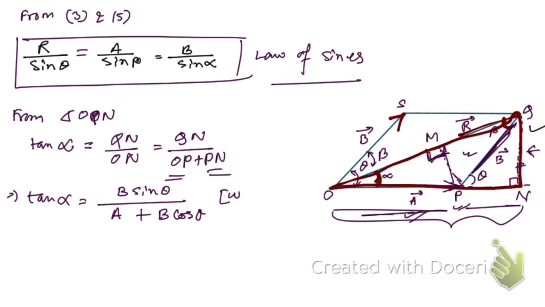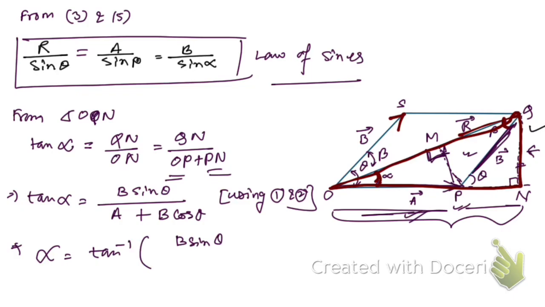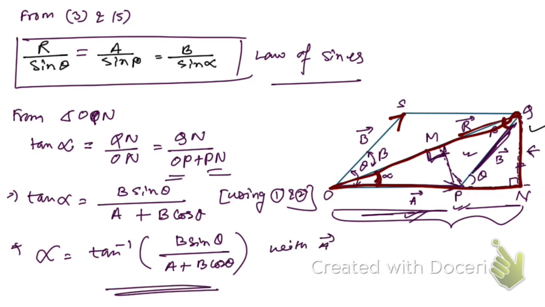Again, using equation 1 and equation 2, therefore alpha is equal to tan inverse of b sine theta by A plus b cos theta, right? So this angle is made with vector A. This is going to give you the direction of the resultant vector.